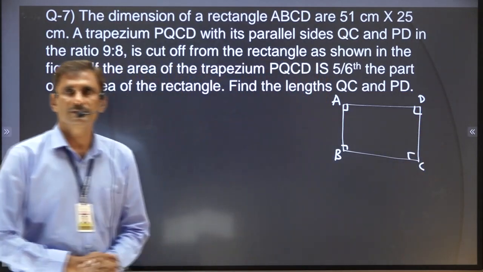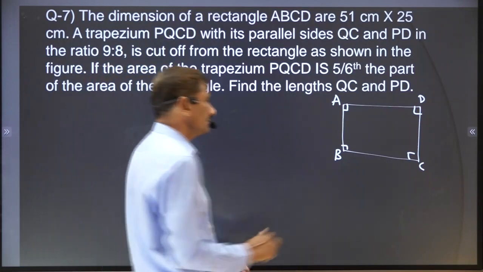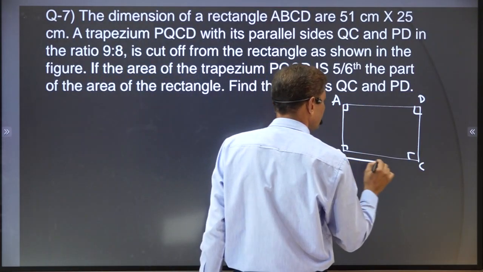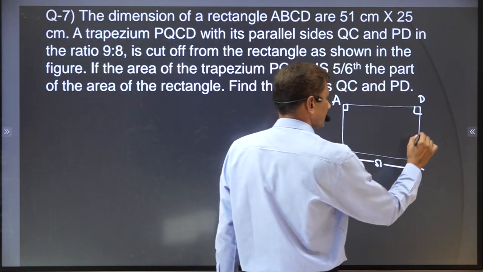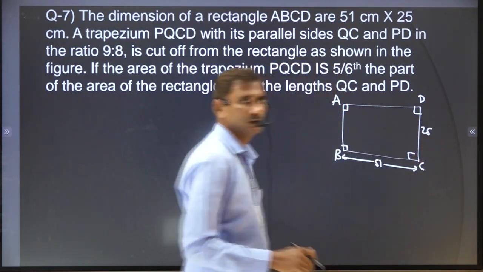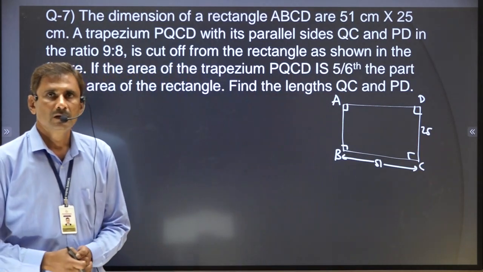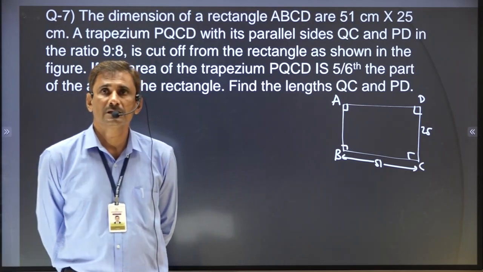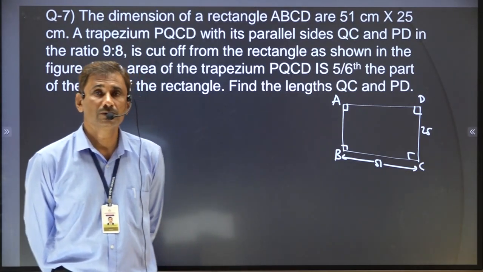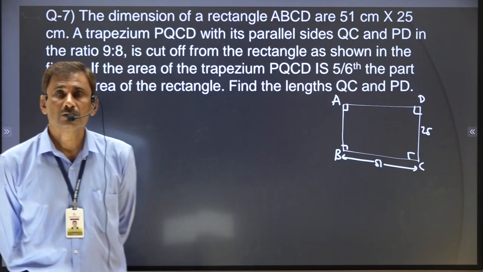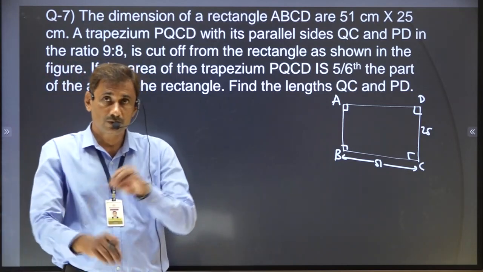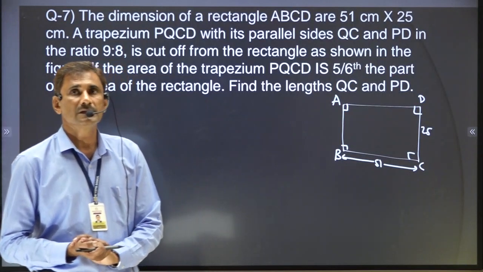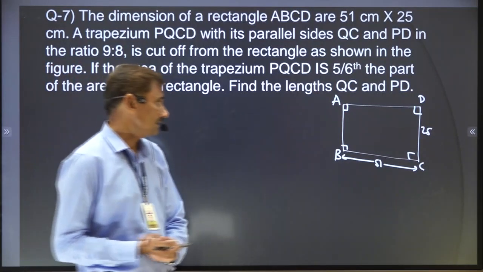Then whatever is given: size 51, 25. So whole length here 51, opposite also. And 25 here, centimeter. PQCD is a trapezium in which the parallel sides are QC and PD. So we have to plot two extra points so that PD and QC become parallel.